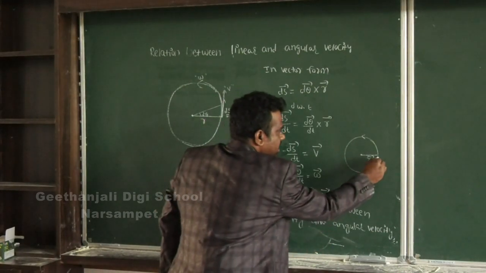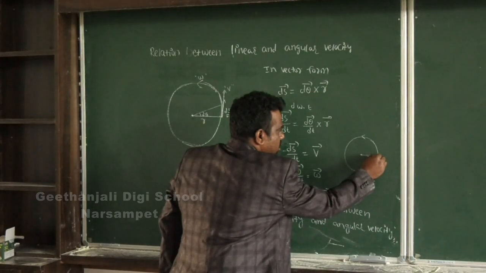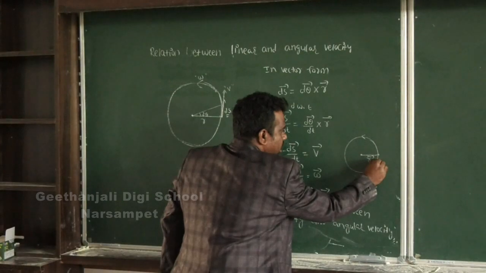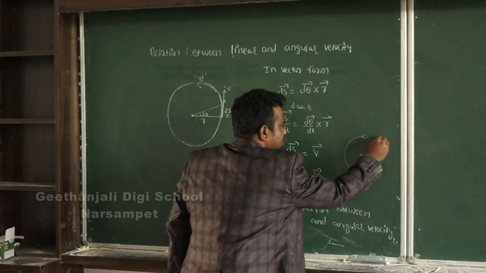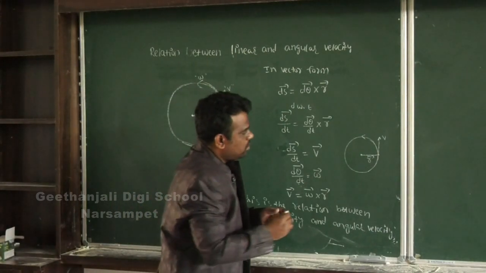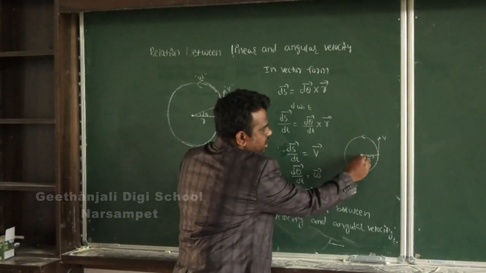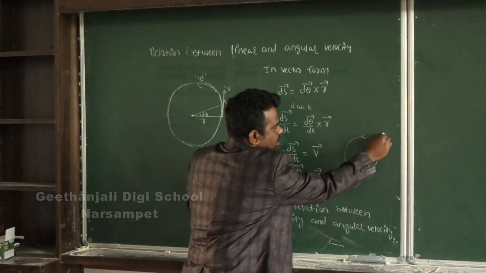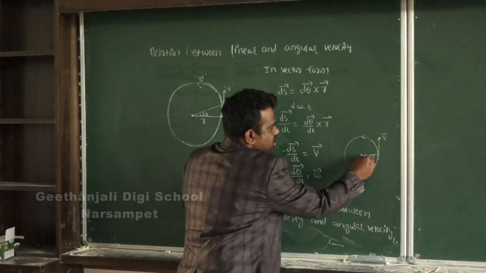If I take any point, to know the direction of linear velocity at this point, I need to draw a tangent like this. This gives the direction of velocity. So we see clearly r bar and v bar are perpendicular to each other.